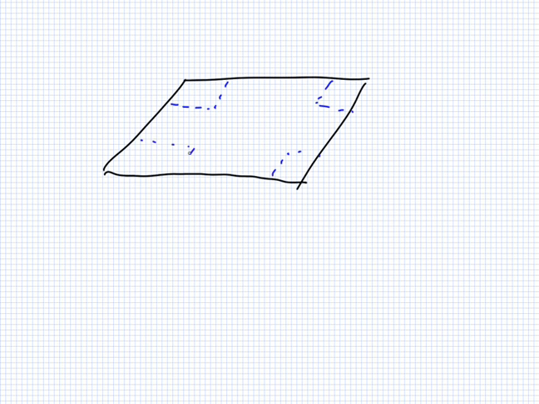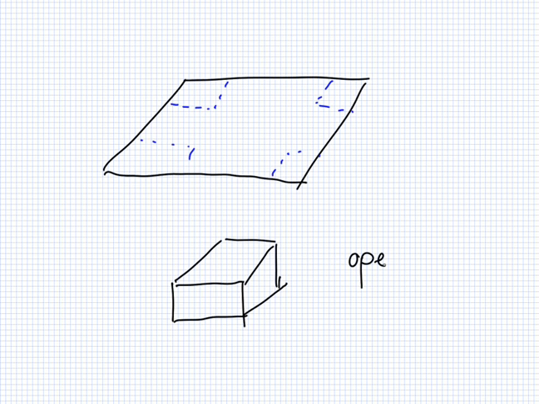And then what you're to do is to fold it up to make a box. But this box has no top, okay? It's an open box. So my question is, how much do you cut?